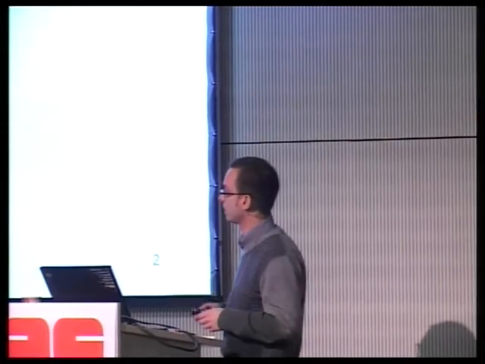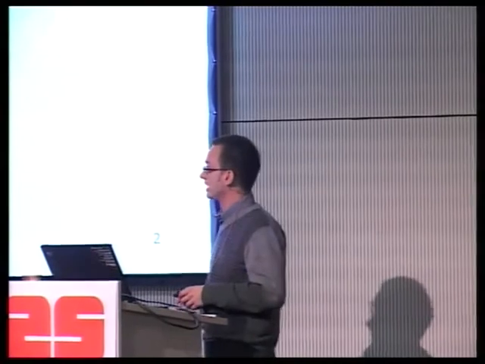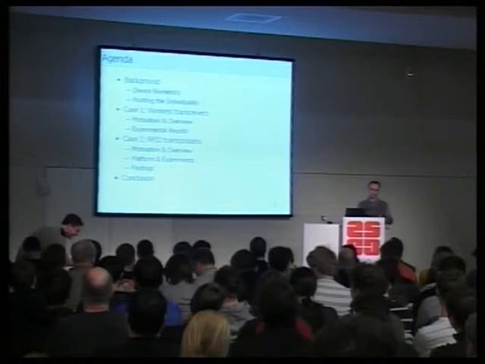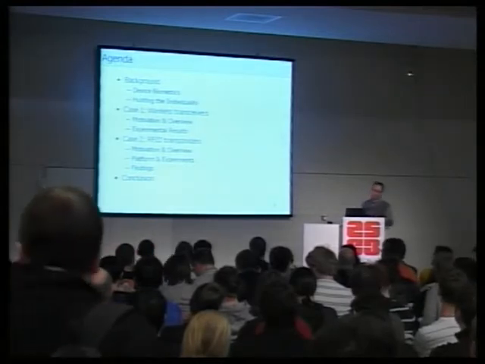This work is much more mature than the second one, which is based on RFID transponders. For the second one we have preliminary results, so if you have any questions or suggestions, we really appreciate them, because they might help us continue that work better. And then I'll have a conclusion. So let's start.